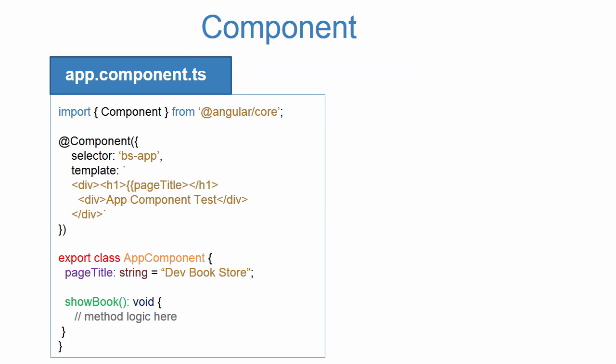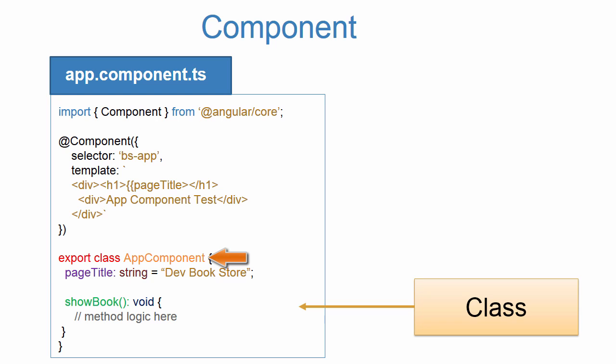Here is our app component that we created as the root component to our application. Recall that the first thing we did was declare our class and export it for use in other modules. We use Pascal casing as our naming convention. This means that we capitalize both words, app, which is our feature, as well as component, which is our type.